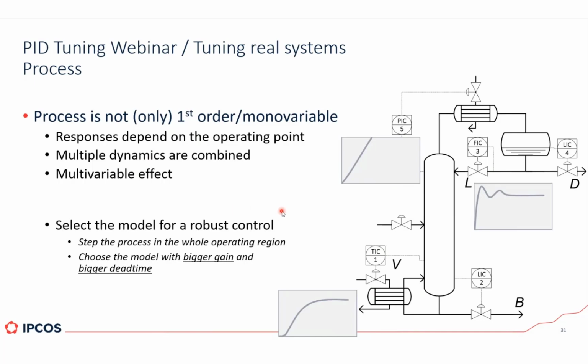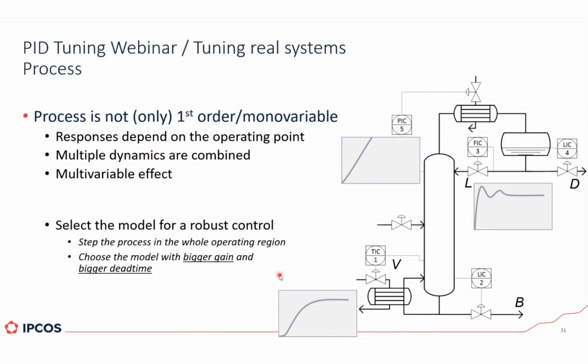Okay, so we need to step the process in the whole operating region. If we use different feeds here, for example, we should test the loop for these two different situations. And the idea is to choose the model with bigger gain and bigger dead time.